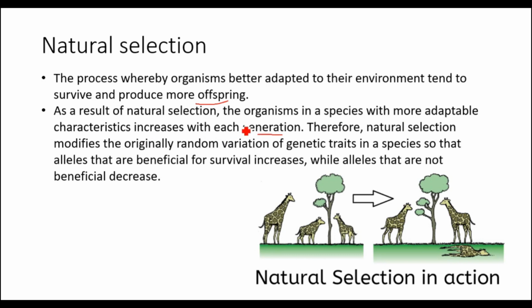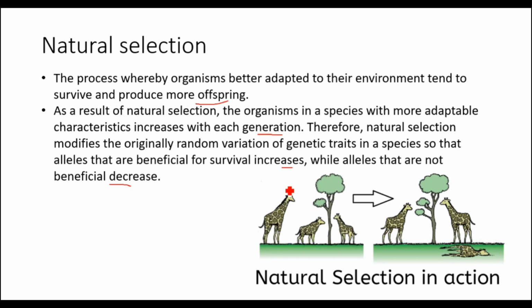So in every generation, those alleles or genes that are more adaptable to the environmental conditions will survive. Therefore, natural selection modifies the originally random variation of genetic traits in a species so that the alleles that are beneficial for survival increase, while alleles that are not beneficial decrease.